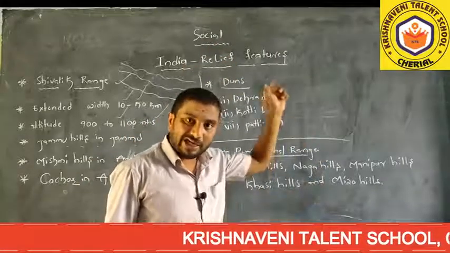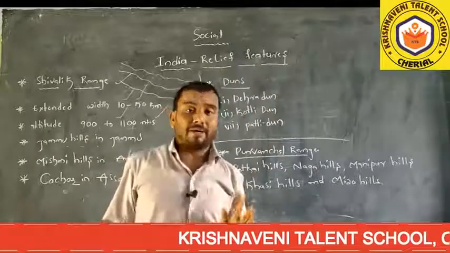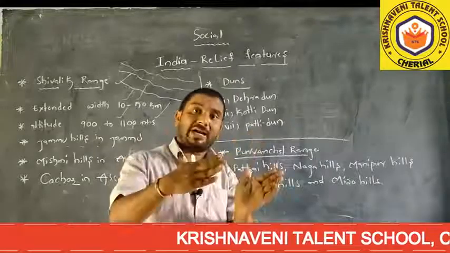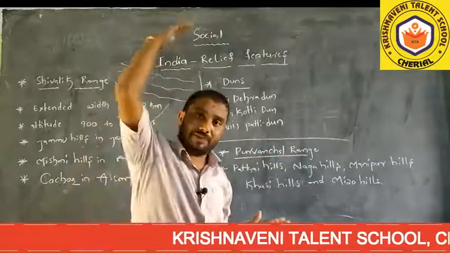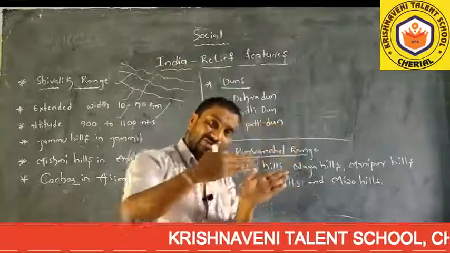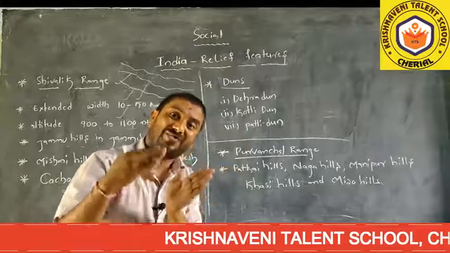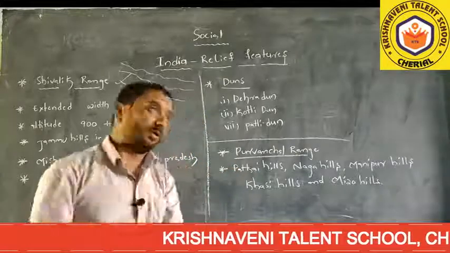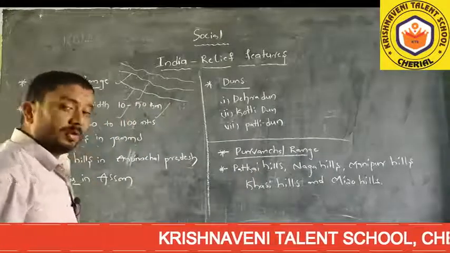The Himalayan mountains are divided into three parallel ranges: Himadri, Himachal, and Shivalik. The Shivalik ranges have different names in different regions. In the Jammu area, they are called Jammu Hills.